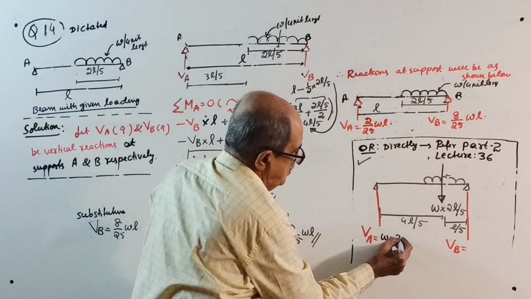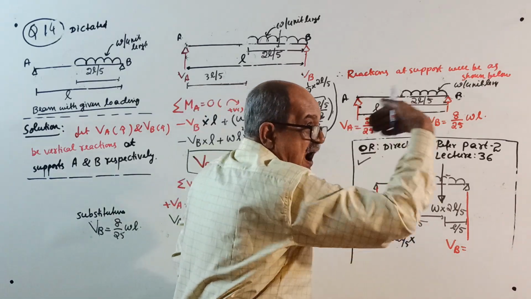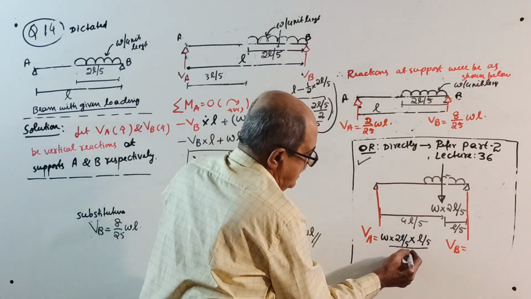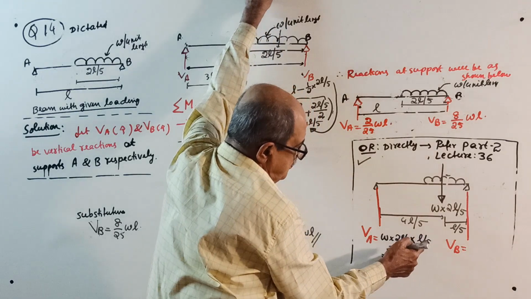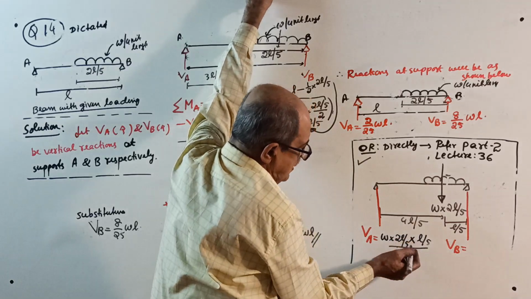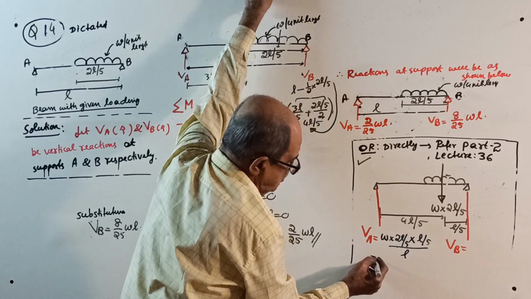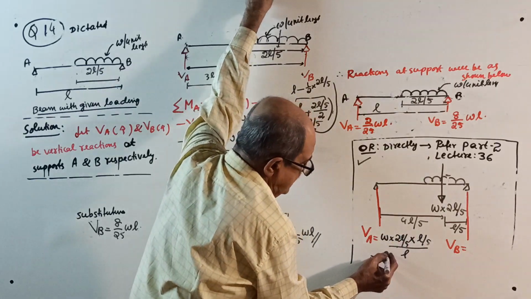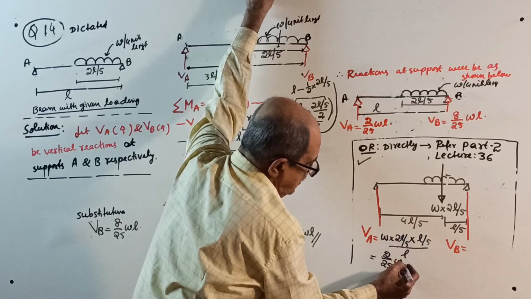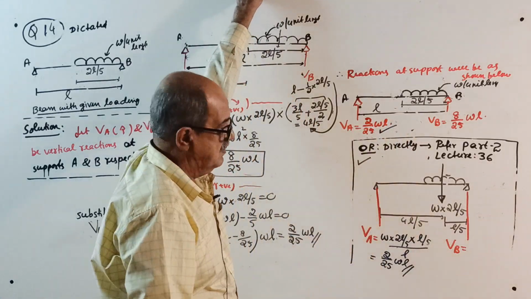W into 2L by 5 multiplied by the other distance, L by 5, divided by L. See here, 2 by 5 into 5, 5 into 5 is 25, L into L by L, one L will cancel, it will come 2 by 25, W into L. Yes, see here, 2 by 25, W into L.